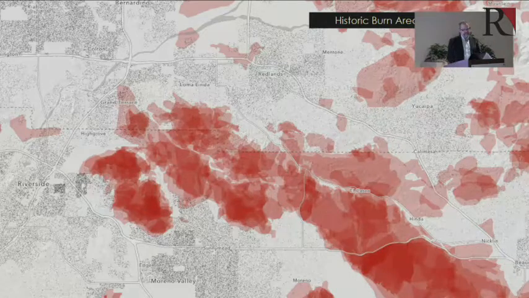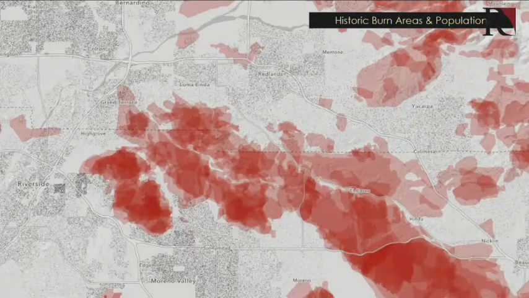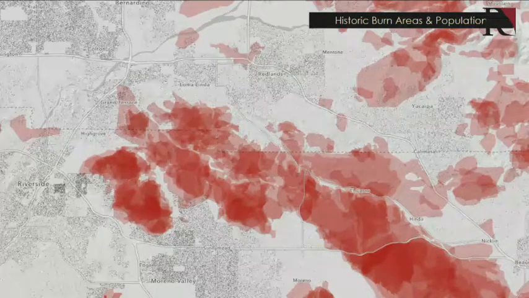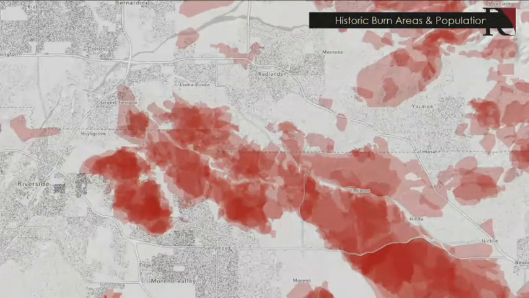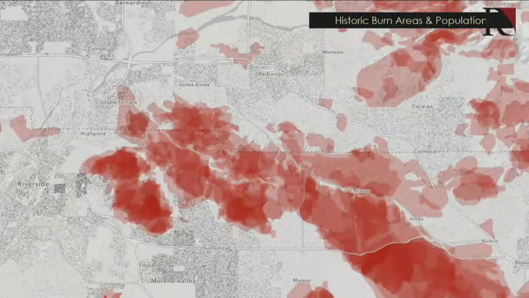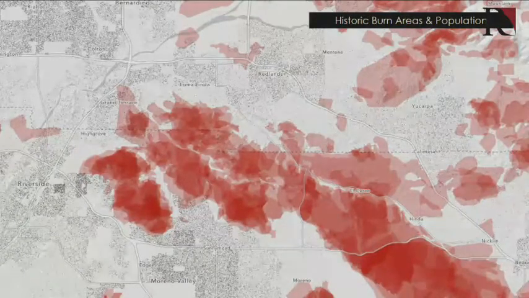Ripped from the headlines, I was asked to make this map for a state agency. These are historic burn areas in red, and population, just a little dot density map I had laying around. So we took advantage of the fact that GIS is quick and easy, we can put them together, and let people just start to soak this in. Where you see black dots underneath red burn areas, it should lead you to ask questions, right?